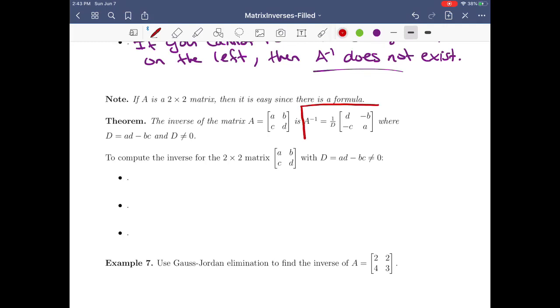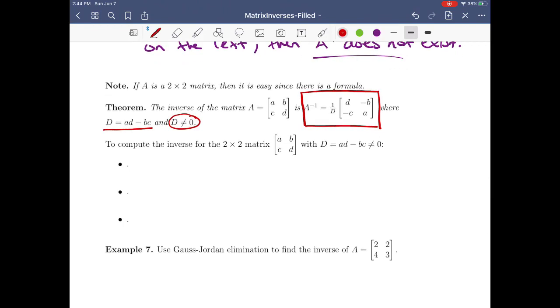So if you have a 2 by 2 matrix A here with a, b, c, d, then your inverse is going to be 1 over capital D, and then the matrix d, negative b, negative c, a. Okay, and your capital D is this ad minus bc. Okay, and it can't be 0 because we're dividing by it, so we don't want it to be 0.